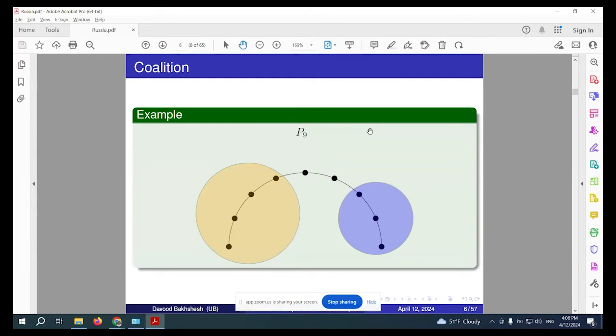You can easily check these two conditions. Each of these sets is not a dominating set, but we can easily see that the union of these two sets is a dominating set. Then these sets form a coalition.